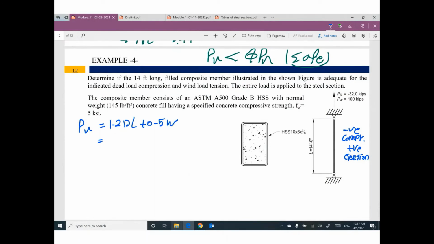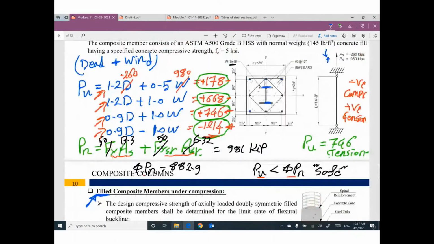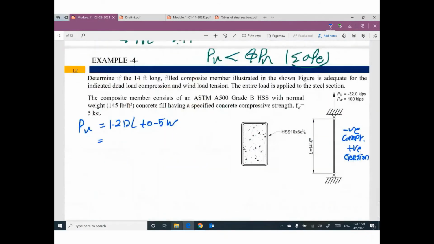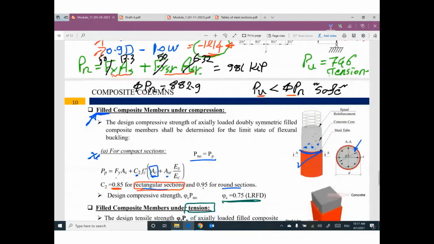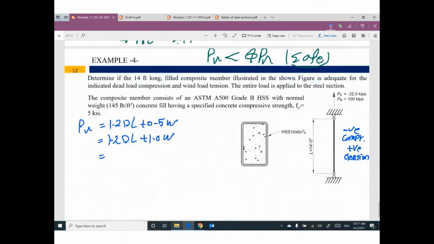Or 1.2 dead plus 1 wind. Or 0.9 dead plus 1 wind. Or 0.9 dead minus 1 wind.